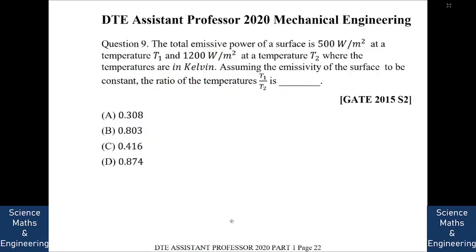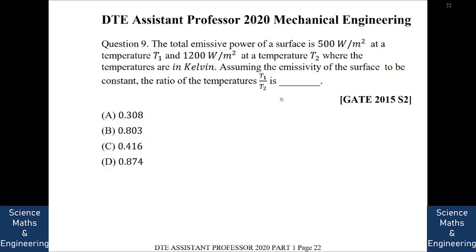So next, the total emissive power of a surface is 500 watt per meter square at a temperature T1 and 1200 watt per meter square at a temperature T2, where the temperature is in Kelvin. Assuming the emissivity of the surface to be constant, the ratio of temperatures T1 by T2 is?